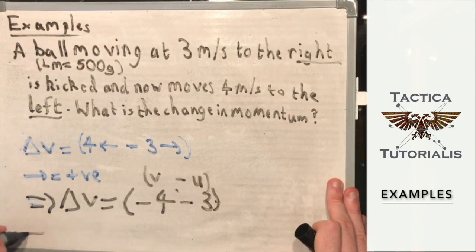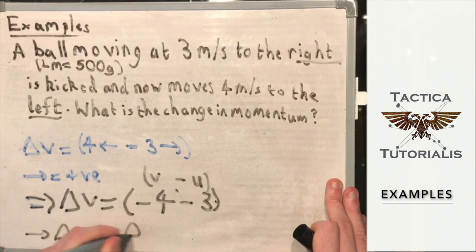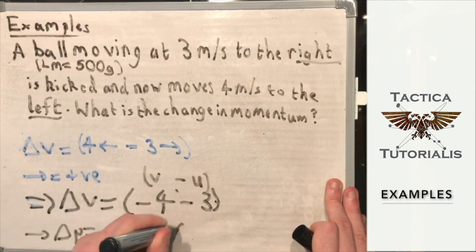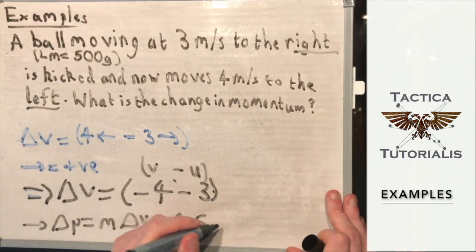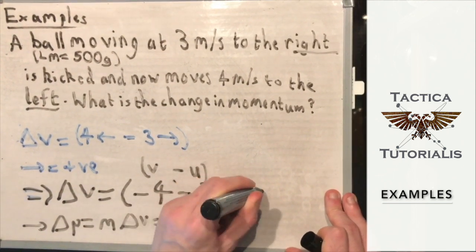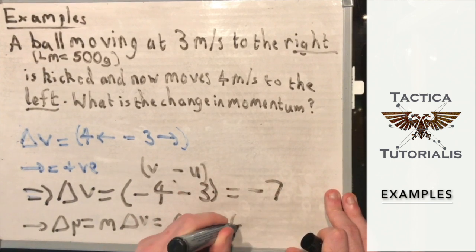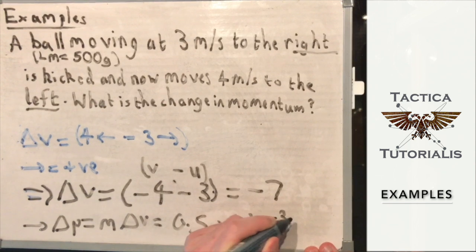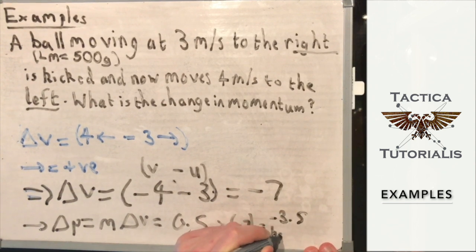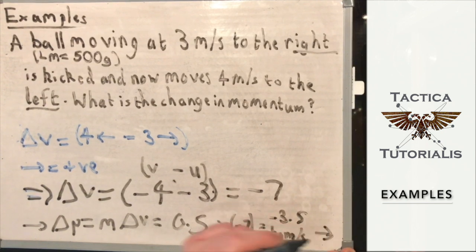And therefore, our delta P equals M delta V equals 0.5, because 500 grams is 0.5 kilograms, times by minus 7, equals minus 3.5 kilogram meters per second to the right.